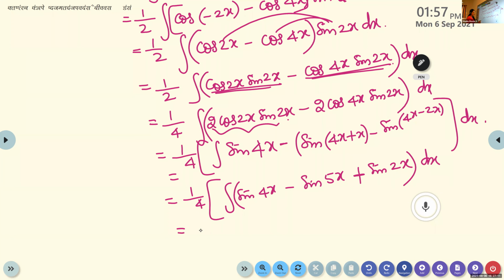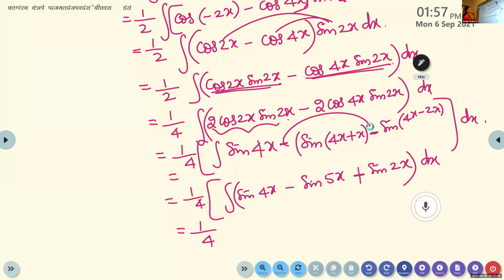Now look at here, the functions which are in product, we have split into sum. Now integrate it. What is the integral of sin 2x? It is minus cos 2x by 2. Here already we have one minus common outside.